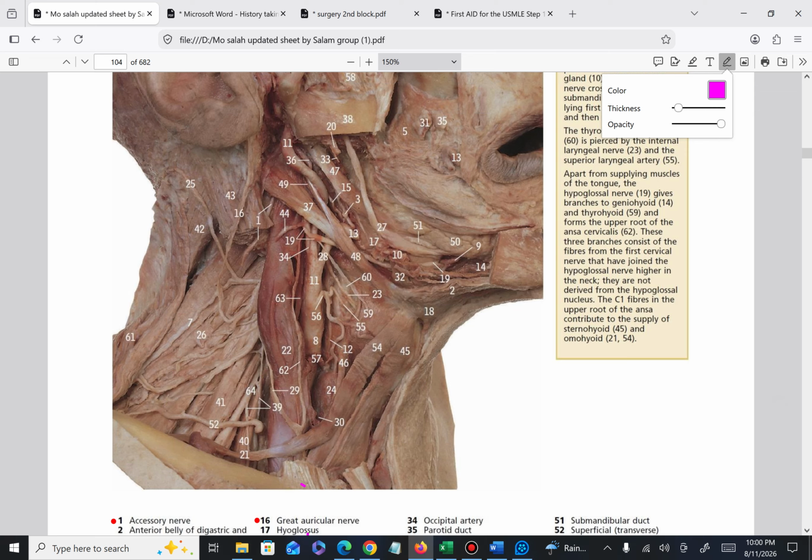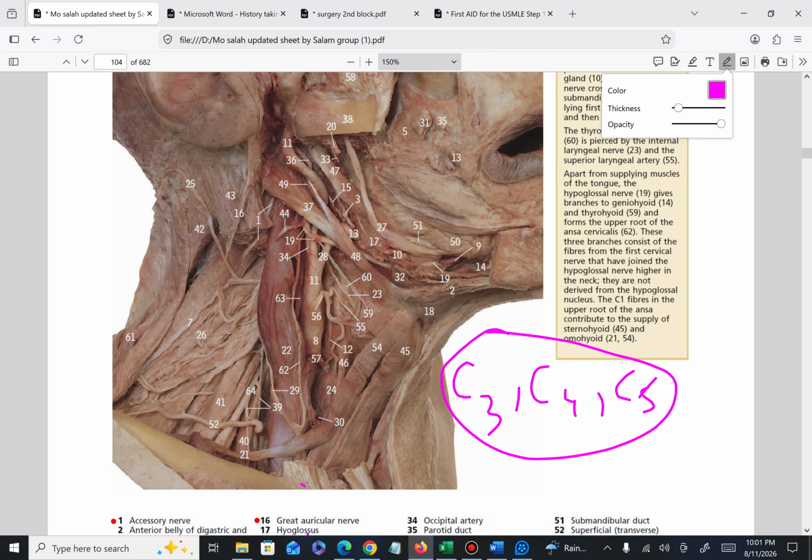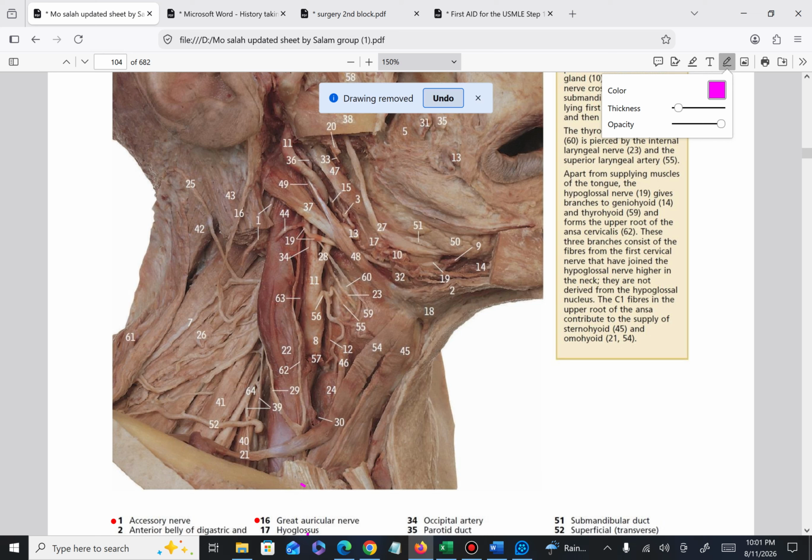On number 39, these are the roots of the phrenic nerve. The phrenic nerve originates from the C3, C4 and C5 cervical nerves. So the posterior triangle also has cervical nerves.